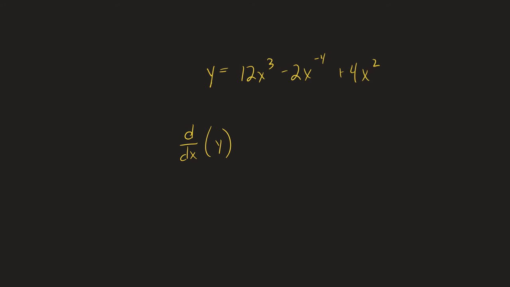It is possible to use the derivative as an operator, which means you can take the derivative of both sides of an equation. Now, the left side is nothing interesting. Y is the function, so we would just write the left side as dy dx.